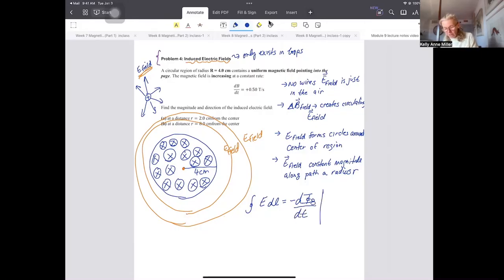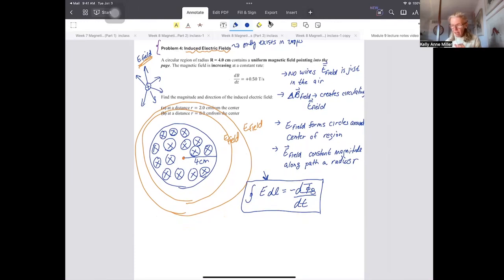This is a new formula. It's basically the same idea as the Amperian loop, but this time we set it equal to the change in flux, and we use this as a way to find the induced E field. Okay, so it's the same thing.